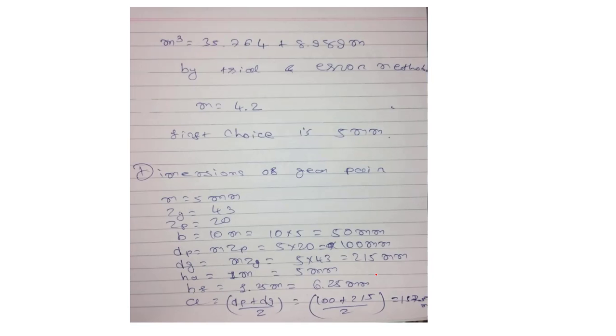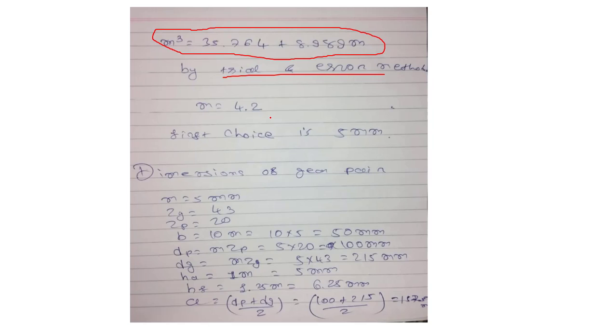Now solving this equation, we will get this equation. It is m power 3 is equal to 35 into 764 plus 8.989 into module. And by trial and error method we can find m is equal to 4.2.